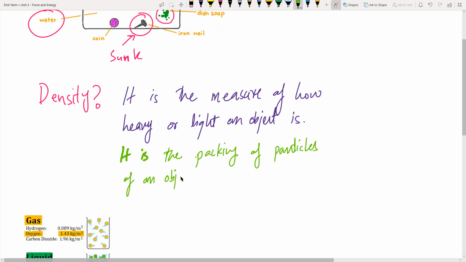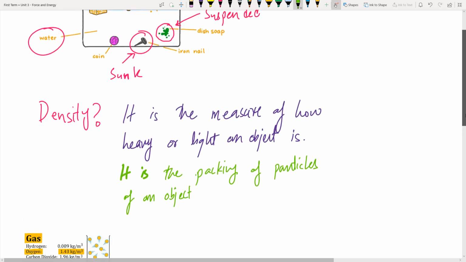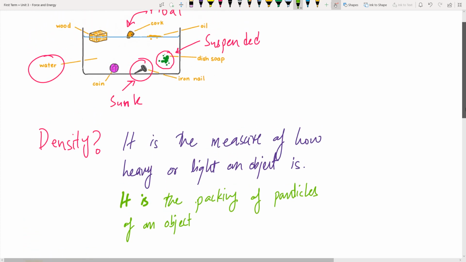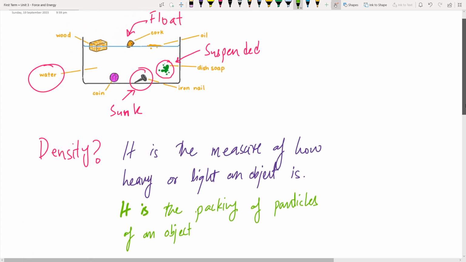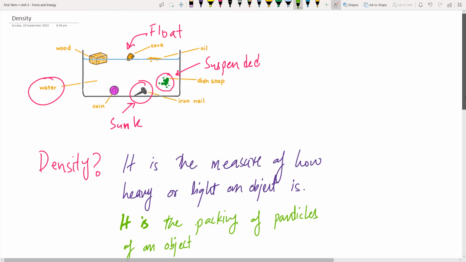How well packed those particles are, we say that it has become dense, and how loosely they're packed, we say it's less dense. So density is the ability to define an object in terms of its packing of the particles, or in a non-scientific manner, we can say how heavy or light an object is.